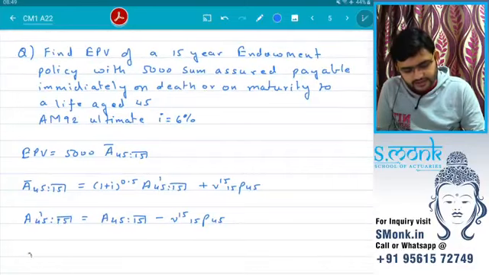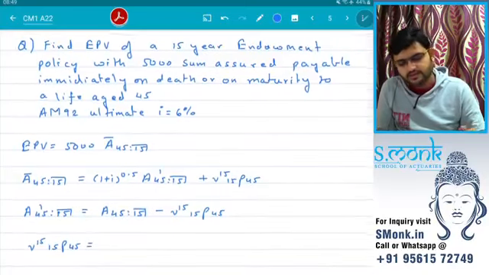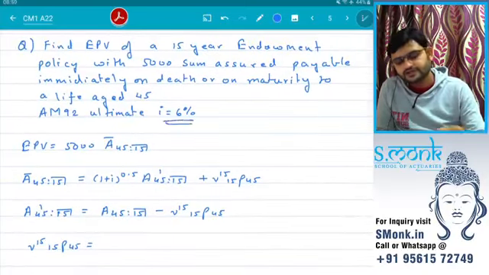So let us just calculate this v raised to 15, 15p45 separately. First of all, the rate of interest is now 6%.